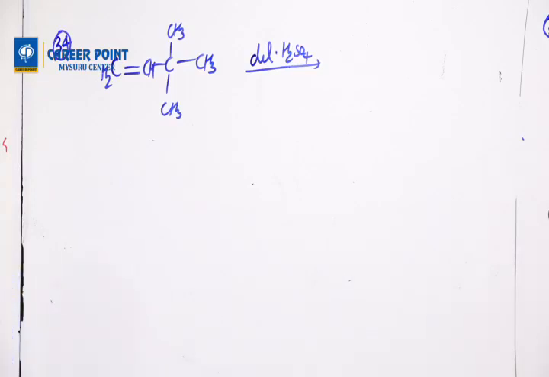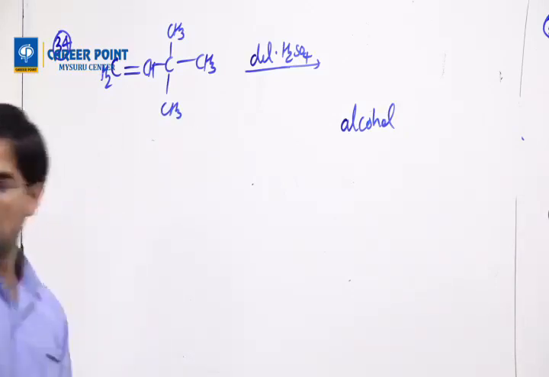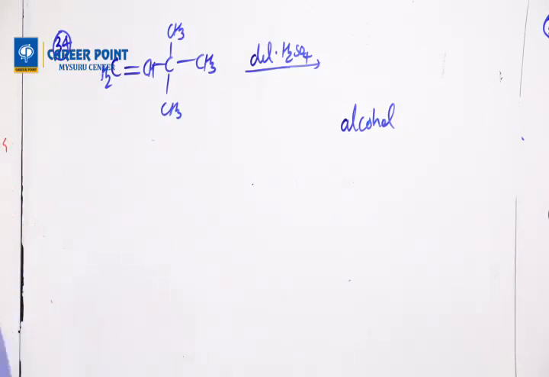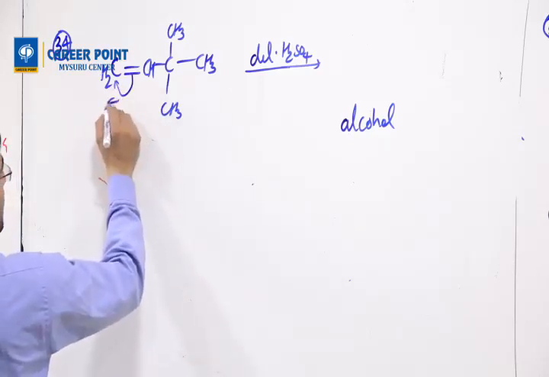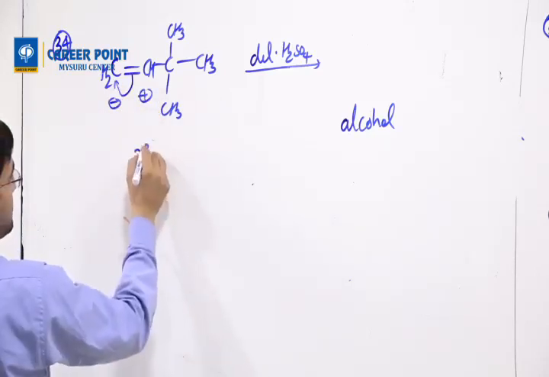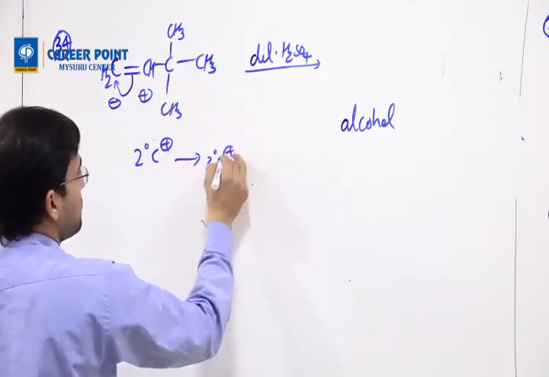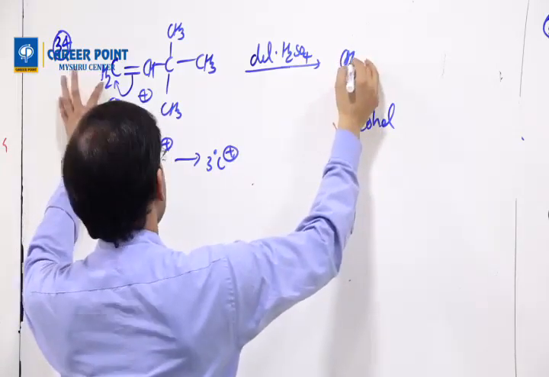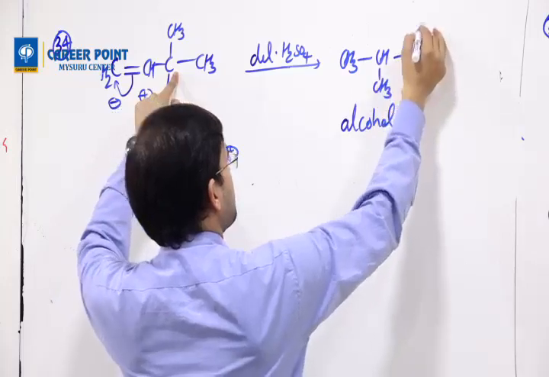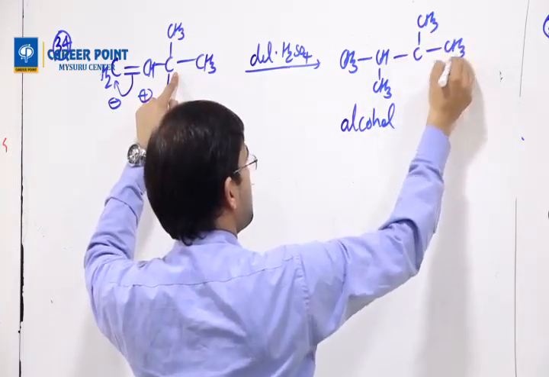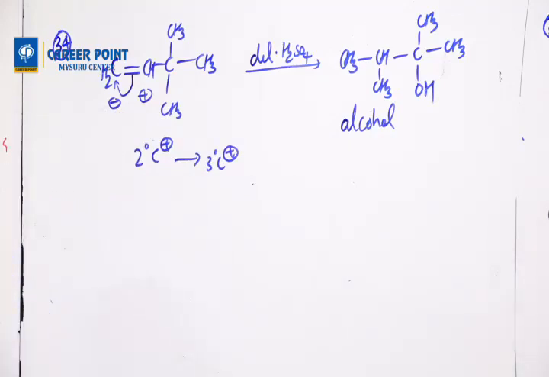In this case it is going to form an alcohol, but that alcohol forms by rearrangement of the carbocation. The methyl shifts here, then it becomes a secondary carbocation, but you can shift it and make it a tertiary carbocation. So we will get CH3, CH3, CH3, with OH.